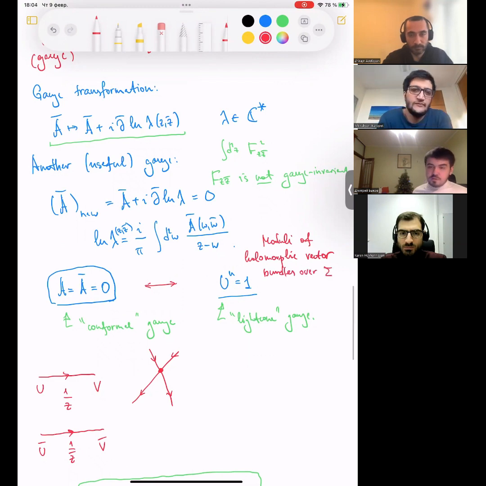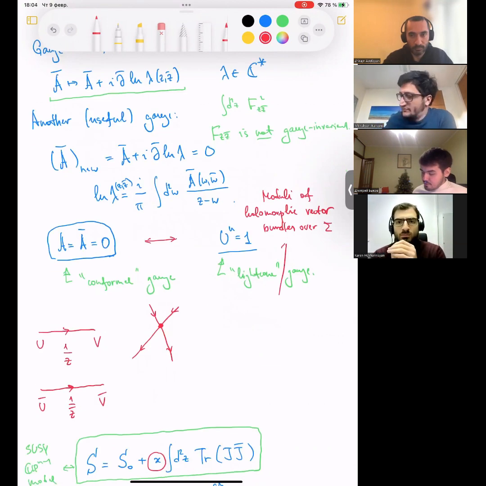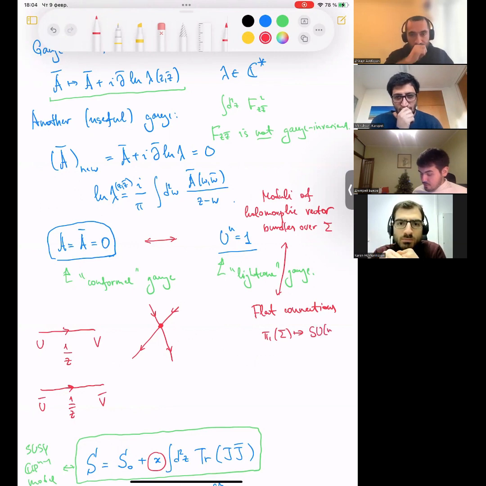And then there is this well-known theorem of Narasimhan and Seshadri that says it's related to flat connections, and to unitary representations of pi1 of Sigma to SU(N) or your symmetry group.